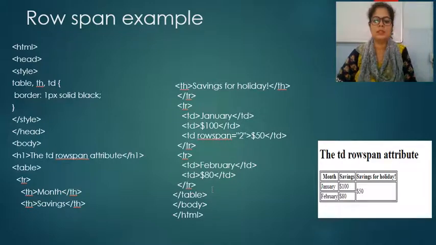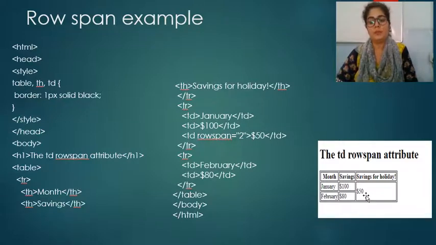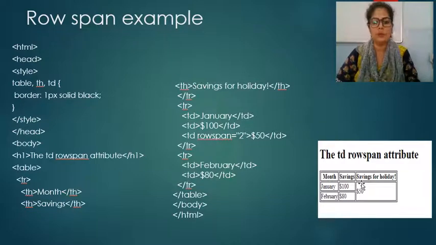So students, this is the syntax for how we can create this table. And I want to tell you again that this is a very important exam question, because every year you will get a question in 2 forms. The first way is they will provide you a table and ask for the code. You have to write the code of this table, how we can create a table with spanning and all. The second way is they will provide you the code and ask you for the output of that code.